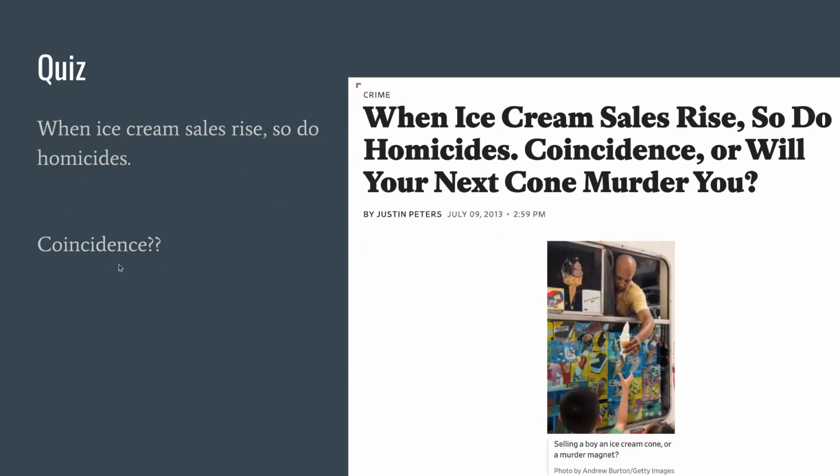What do you think of this? Why do you think this is happening? Why do you think there is a positive correlation between ice cream sales and homicide? Do you think they are somewhat related? Do you think selling more ice cream causes homicide?